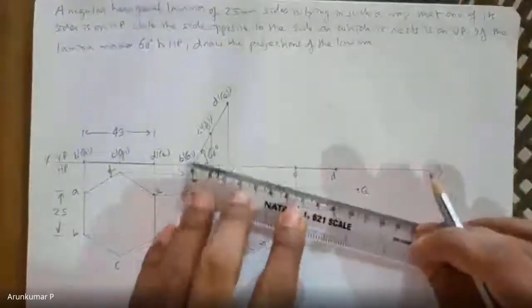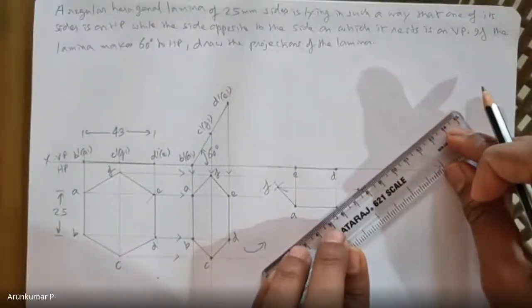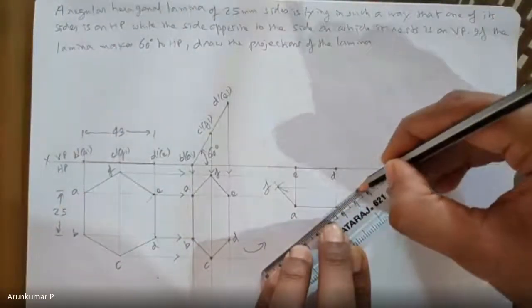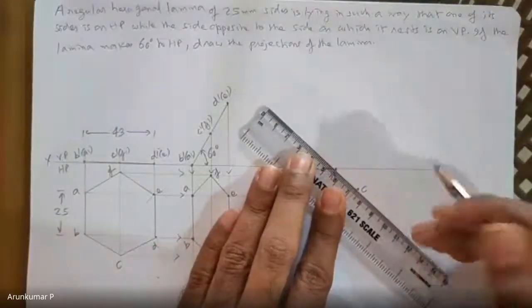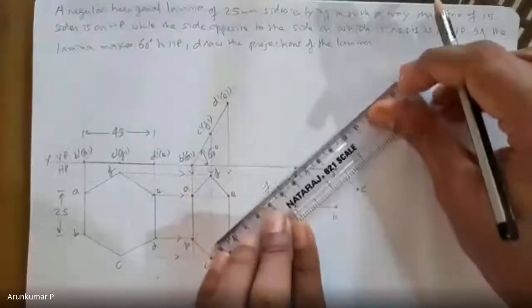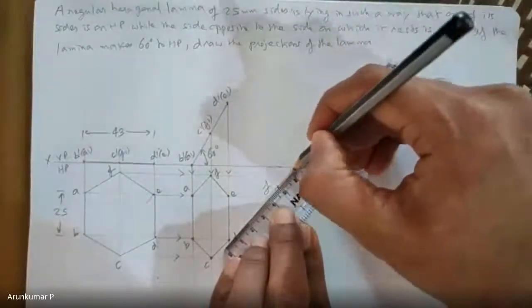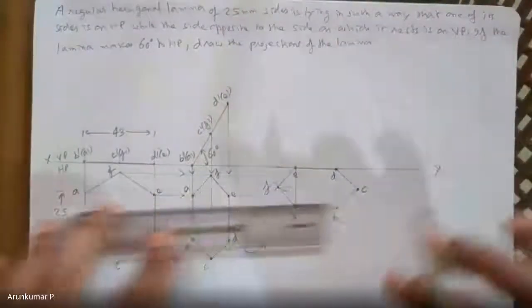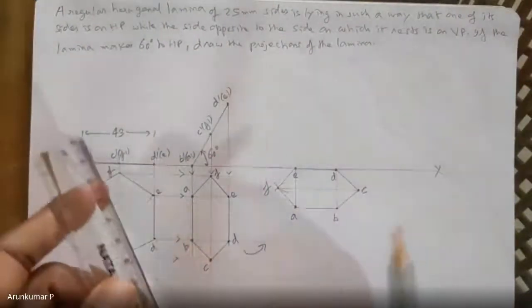I personally like to use the distances with the scale because it is faster. Otherwise, every time you have to go on adjusting the rounder. The rounder also may not be that accurate after years of use, so it may not give you the correct results. But the distance that you measure using the scale will be accurate. That's what I've seen. Entirely it's up to you.